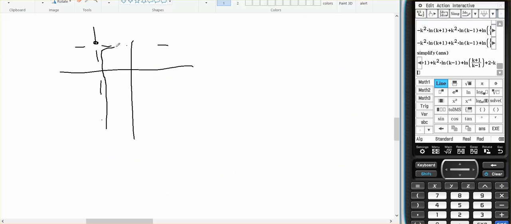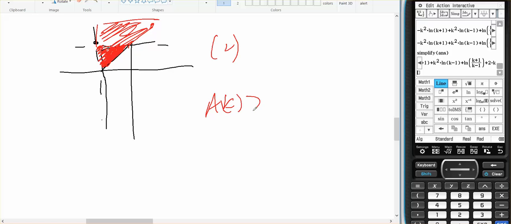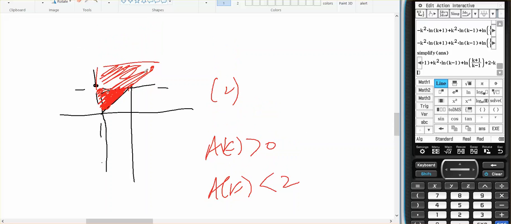This region will approach the area of that rectangle, and that goes up to 1 and 1. The area of the rectangle is going to be 2, therefore A of k is going to be bigger than 0, but A of k is going to be less than 2, because the maximum area that this rectangle can be is 2.